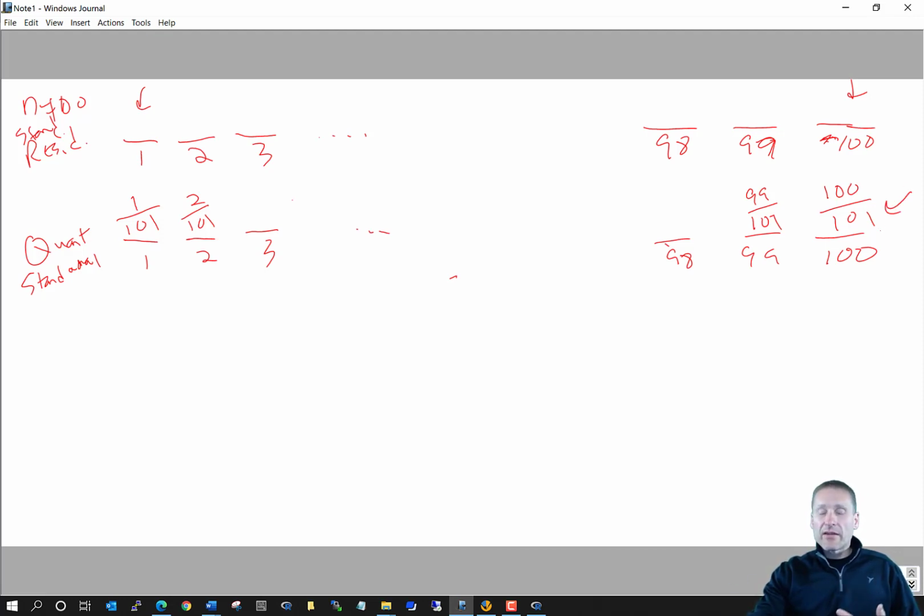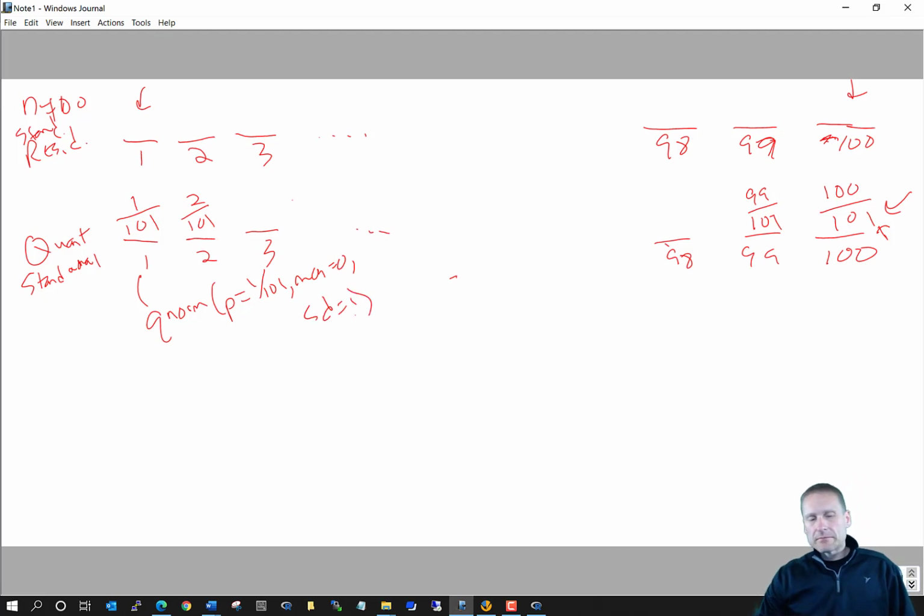Otherwise, if I simply used 100, I would have 100 over 100, that quantile, which would simply be positive infinity. I don't want that. That's why I chose a number that was 1 greater than the actual sample size. For example, I could use the qnorm function to find this: qnorm with p equal 1 over 101, mean equals 0, standard deviation equal 1.